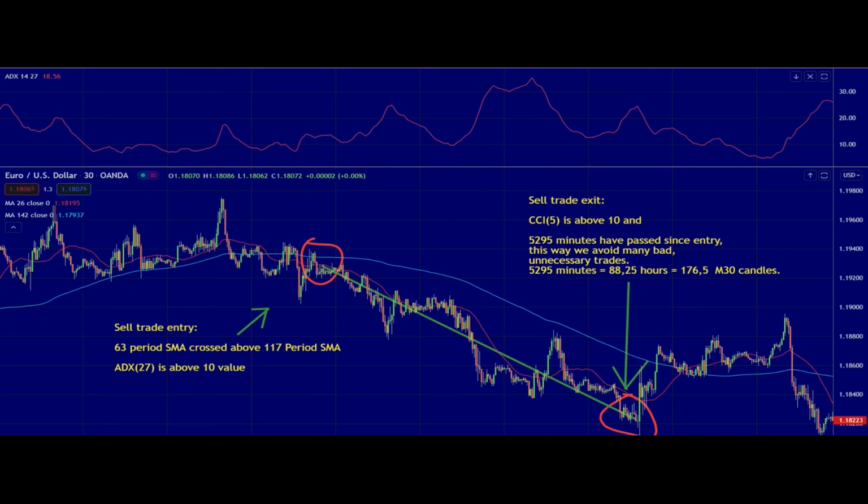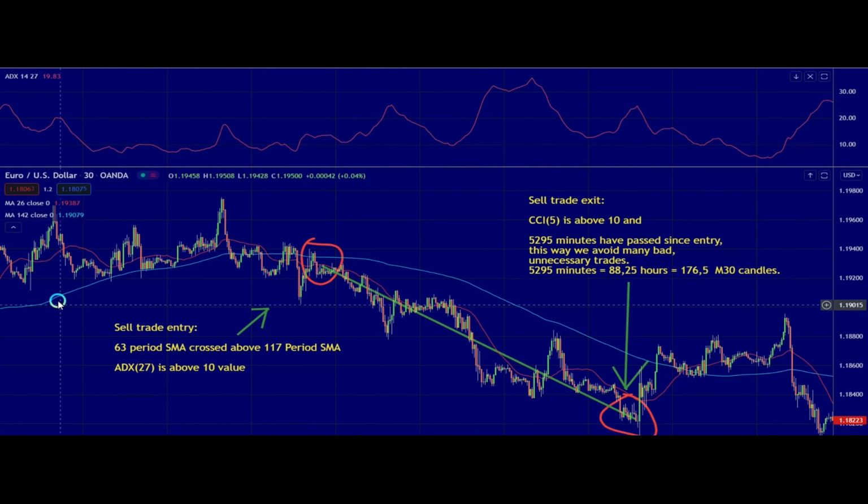Because when I test my robots and my strategies with algorithms, I often find that when I try to be too symmetrical, it works worse than when I add some asymmetrical elements to the strategy. And there is a mathematical reason behind it that if you are interested in, I will make some videos about it, but this is a simple video about the strategy explanation, so let's just do it.